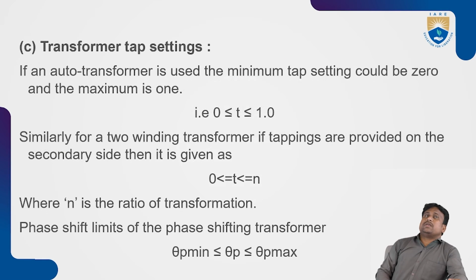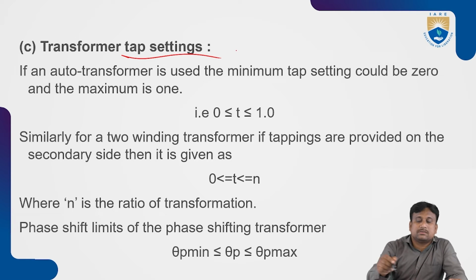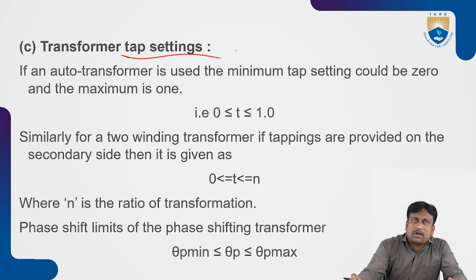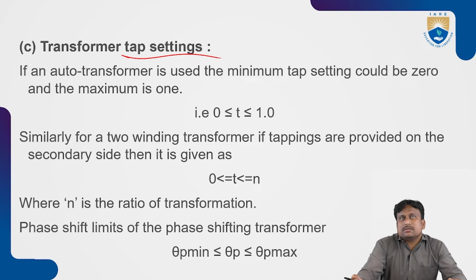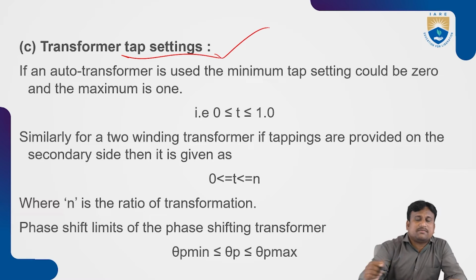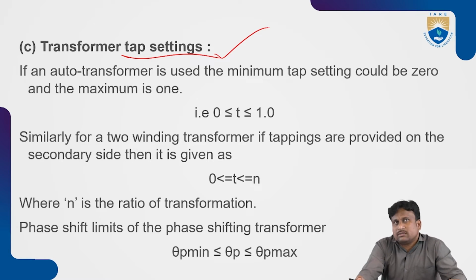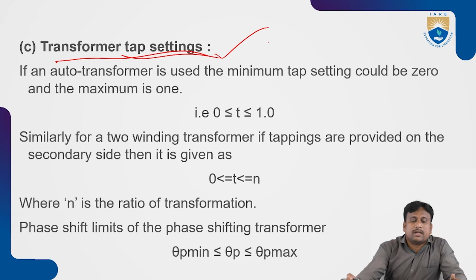Next, coming to another constraint called transformer tap settings. Why should we go for tap settings? We know that a transformer can change the level of voltage. Tap settings can adjust the levels of the voltage to the required extent, so we need to set the transformer tappings.